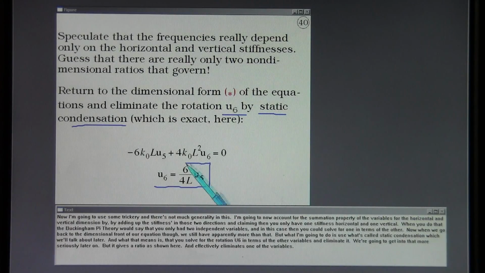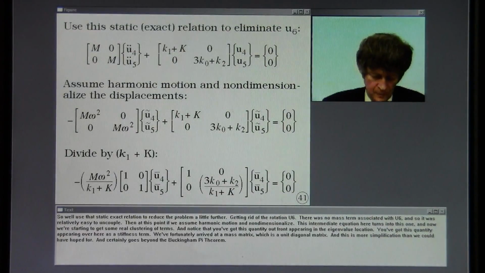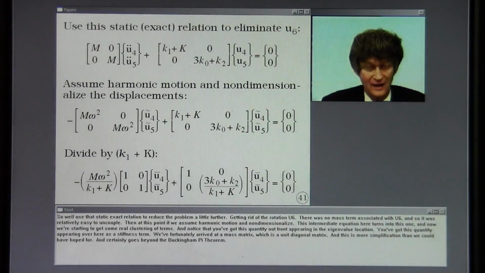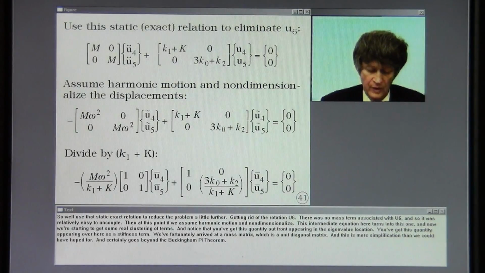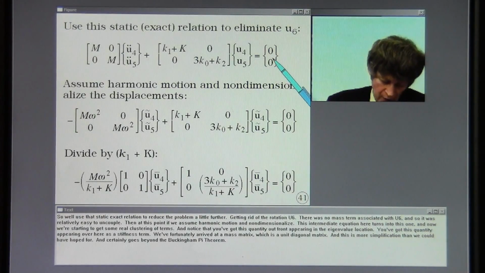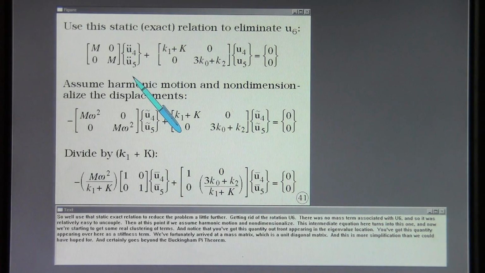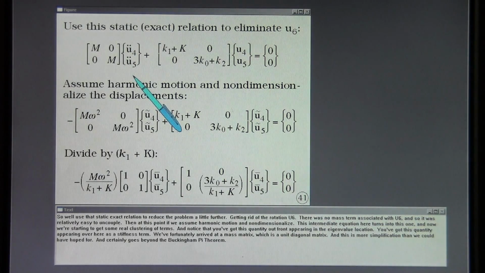We're going to get into that more seriously later on, but it gives a ratio as shown here and effectively eliminates one of the variables. So we'll use that static exact relation to reduce the problem a little further, getting rid of the rotation u6. There was no mass term associated with u6, and so it was relatively easy to uncouple.